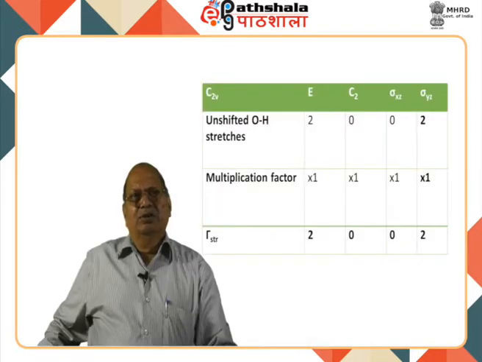First, let us find Γstretch, that is, I will use the two OH bond vectors as the basis. For the symmetry operations E, C2, σxz and σyz, I will check the effect of these operations on both OH bonds, and the results are given in this table. Here we see the symmetry operations C2 and σxz interchange both OH bonds. Therefore, χr is equal to 0.